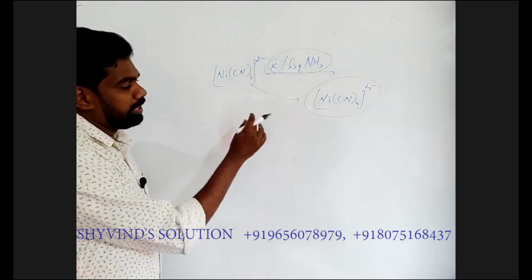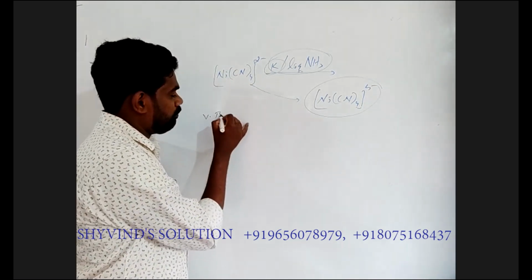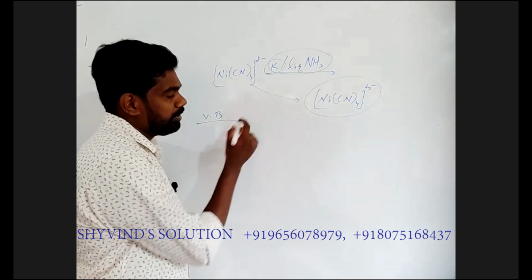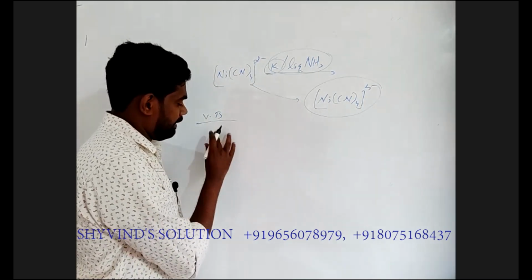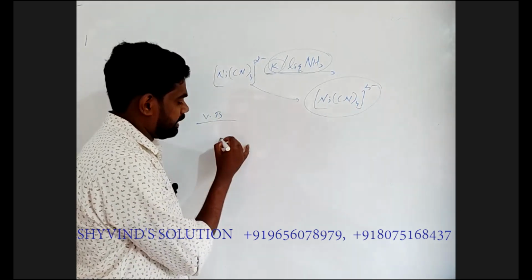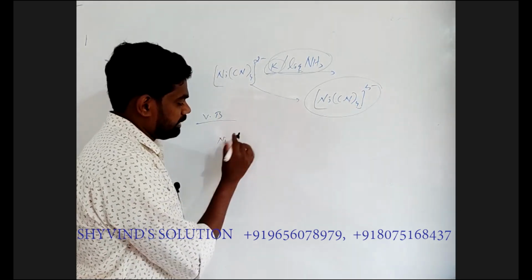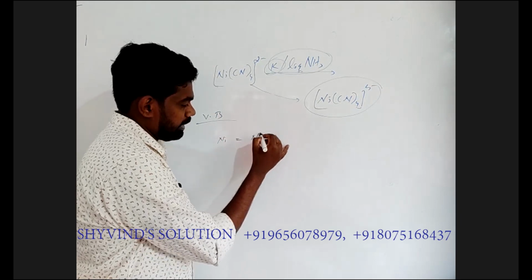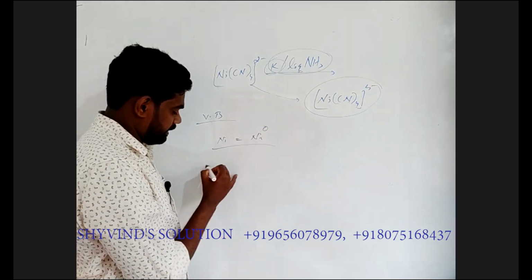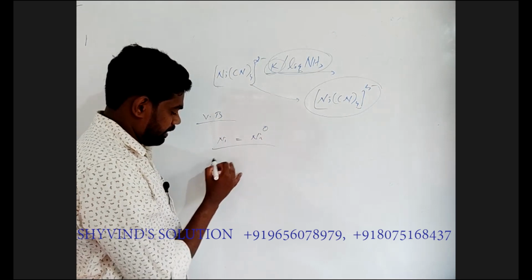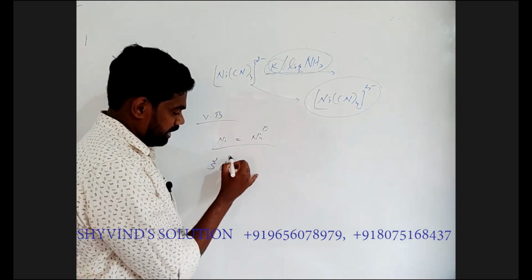Ni(CN)4 2-. To solve this, you should follow valence bond theory. Okay. So here we have nickel. Nickel is in what oxidation state? Nickel is in zero oxidation state. So the electronic configuration is 4s2 3d8.